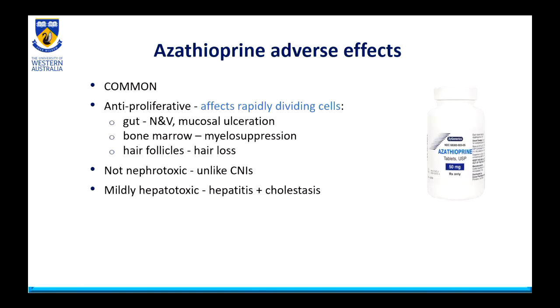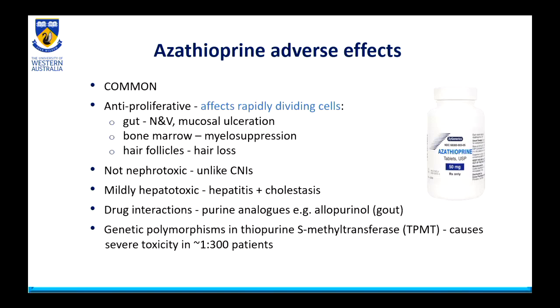And cholestasis is just the bile that's produced in the gallbladder doesn't get transported to the duodenum, so you can't get breakdown of fats. It does have drug interactions with other purine analogues, such as allopurinol, which is used for the treatment of gout, and allopurinol blocks uric acid formation.